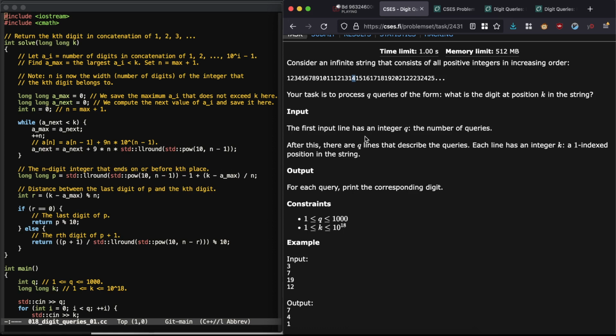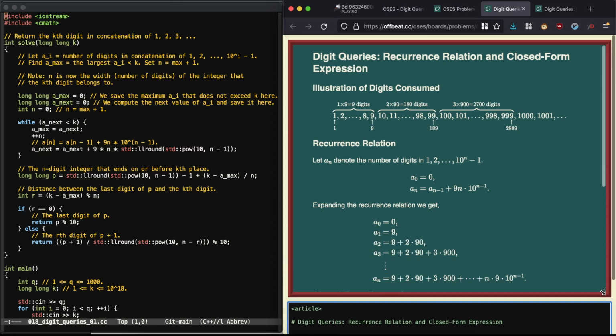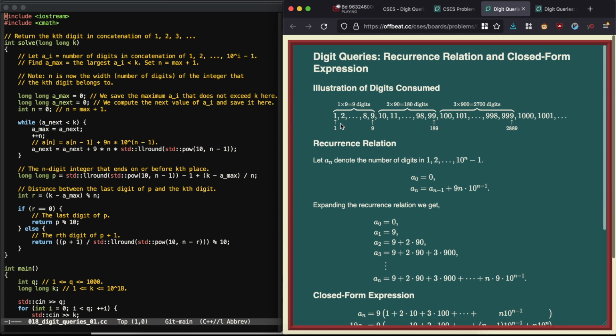And it turns out we can do a little bit of analysis, and then we can find some nice patterns and then write the code for it. So let's take a look. So this is what we've got. I've just written the same thing out at the top here. So this is 1 to 9, and then 10 to 99, and then 100 to 999.